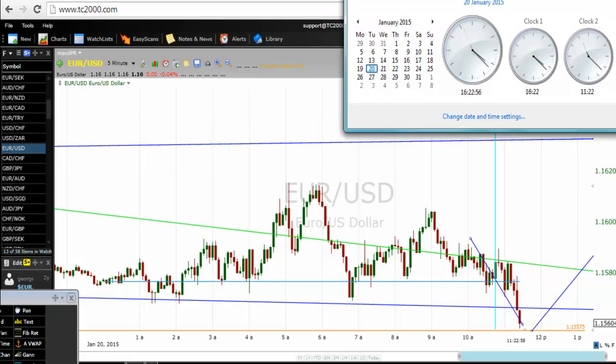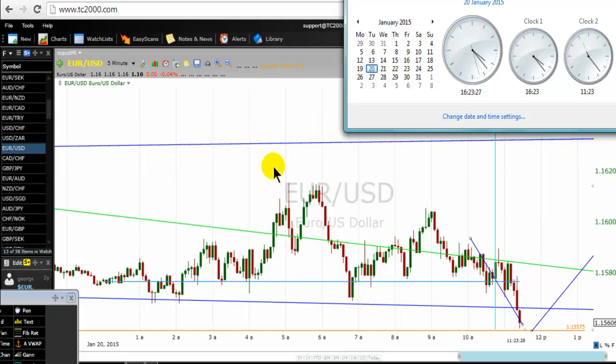The next thing: the time of the day is 22 minutes past 4 p.m. in London. Now it's changed to 23 minutes past 4. In New York, 23 minutes past 11 a.m. In exactly 37 minutes, London will be closed. It's not the best time for day trading, because the first 2 hours when a market is open is the best time for day trading.